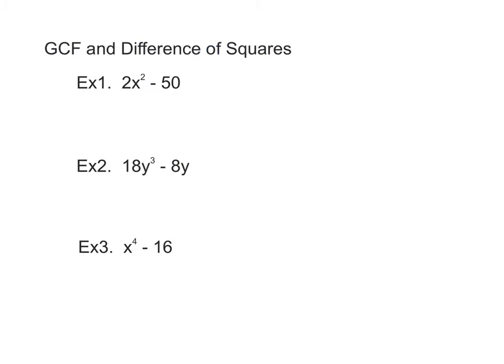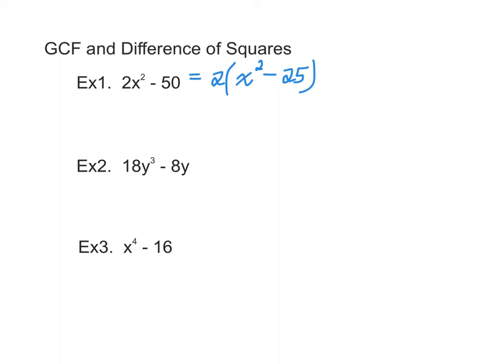Sometimes you won't actually recognize the difference of squares right away. Like if you think about it in this first example, 2 is not a perfect square, and neither is 50. However, if you factor out the greatest common factor first, some things will appear. So like here, I know that there's a 2 in common. When you factor out a 2, we get 2 times x squared minus 25.